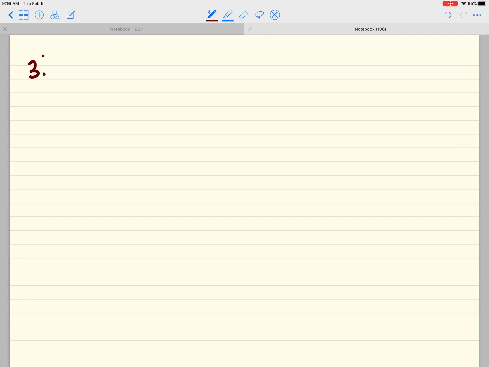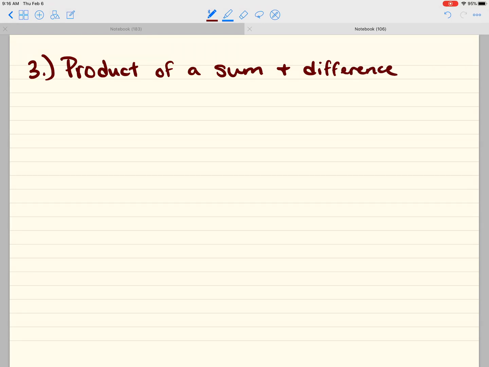All right, last one we're going to do, and then we'll be done, is product of a sum and difference. Okay, so that would be like if I have (a + b) times (a - b). Can anybody tell me what would happen here?